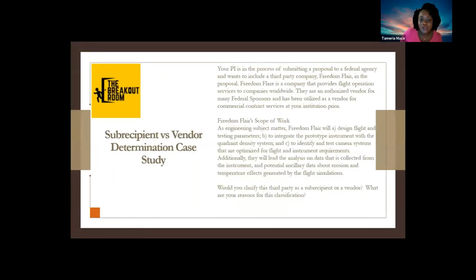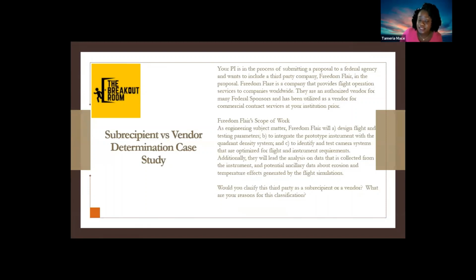Next slide. We have a breakout session. So again, we've specified how important it is to make the determination on your third party, if they're an actual subrecipient or if they are a contractor or a vendor. So we have a case study here that we would like you to read.